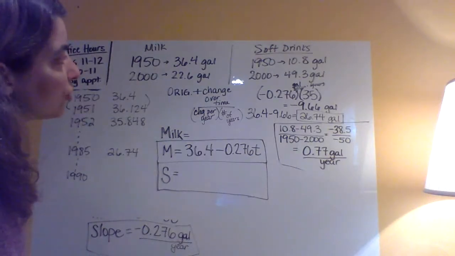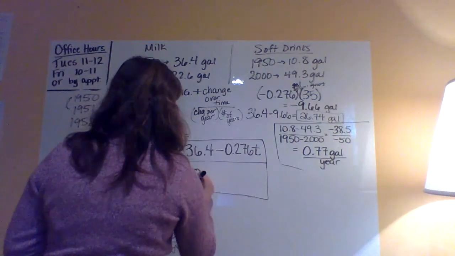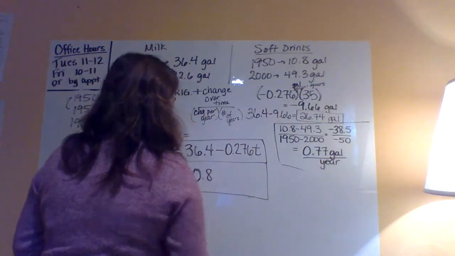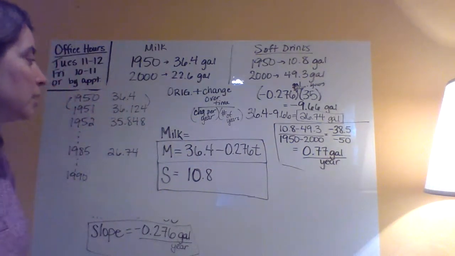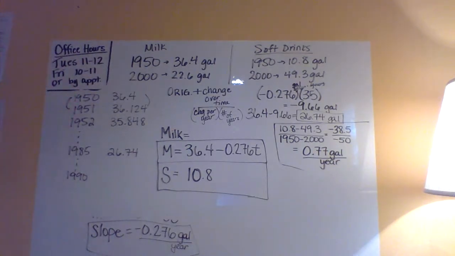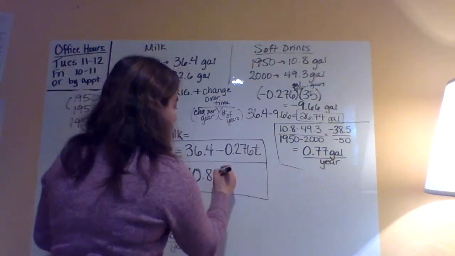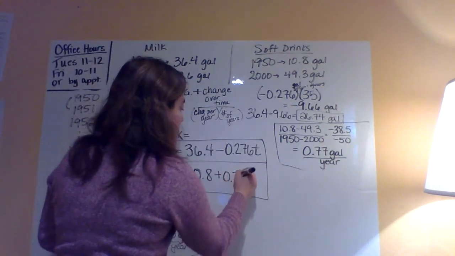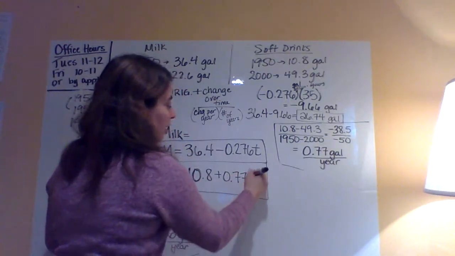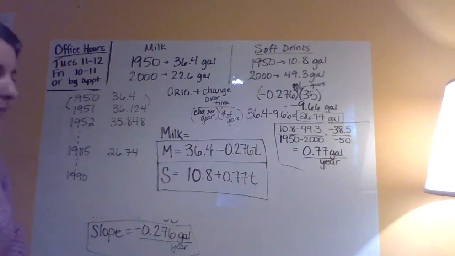Okay, so my starting value for soda is 10.8. My slope or my rate of change for soda is that it goes up 0.77 gallons per year. Well, again, the number of years I'm using is going to be T.